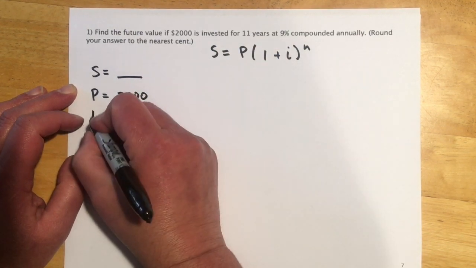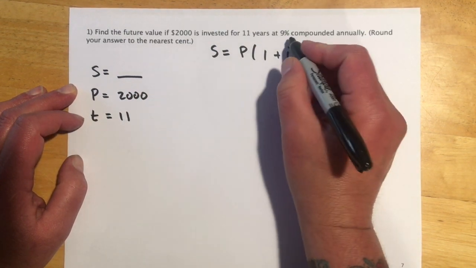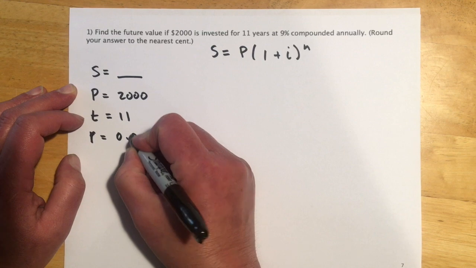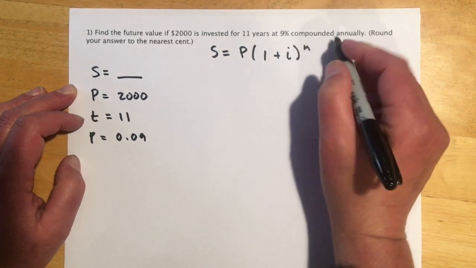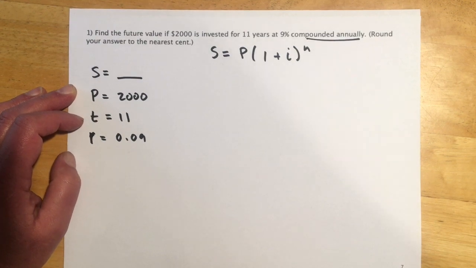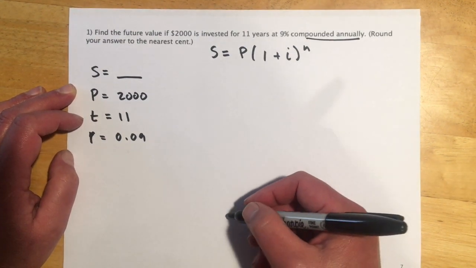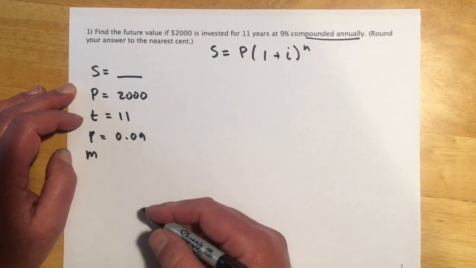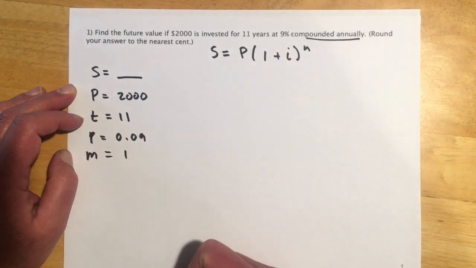For 11 years, that's going to be our time. At 9%, R is 0.09. And then compounded annually, what that means is there's 1 compounding period per year. And so that was the M. So for this one, M equals 1.